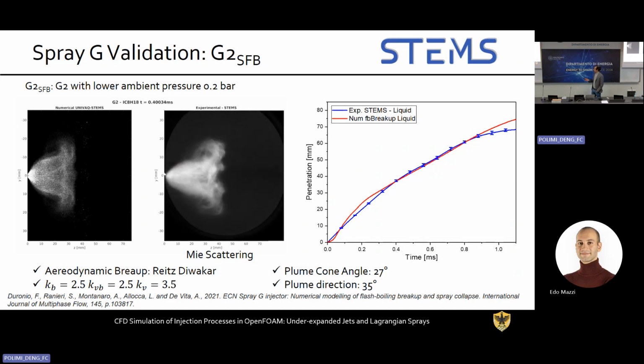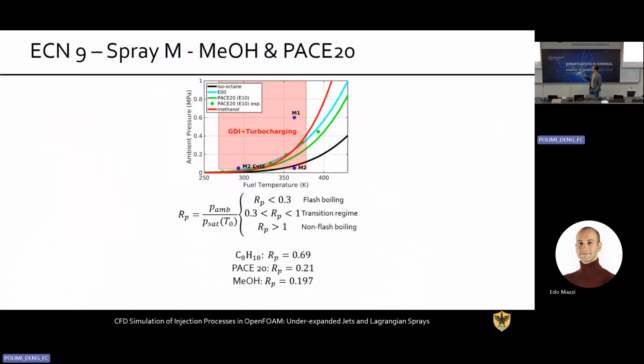Let me conclude this overview of results with an extract of the latest ECN, because this breakup model is also sensitive to different fluid properties. Within the latest ECN, both University of L'Aquila and Polimi simulated with the effervescent breakup model Spray M in M2 condition, considering methanol and PES20 sprays.